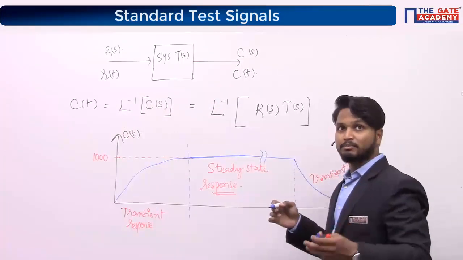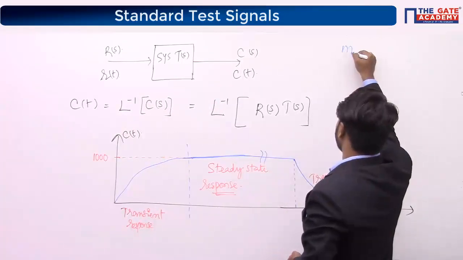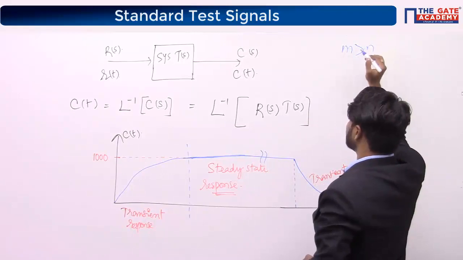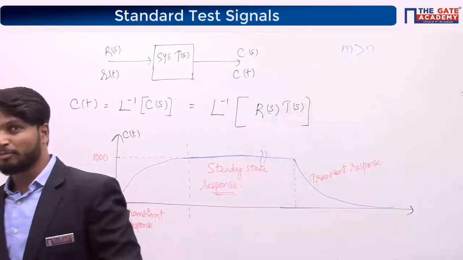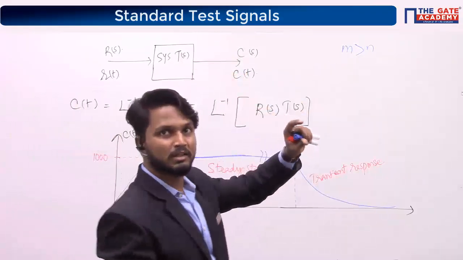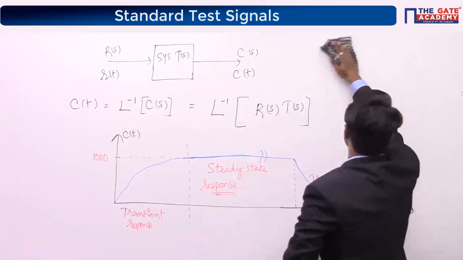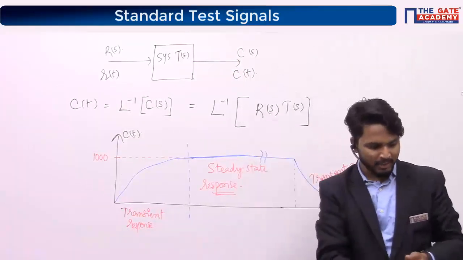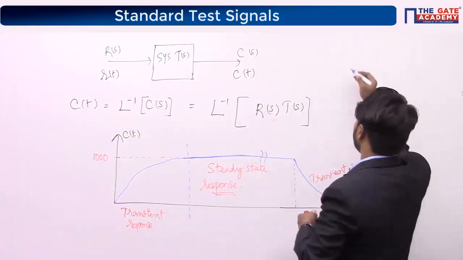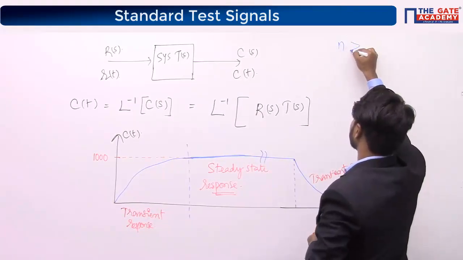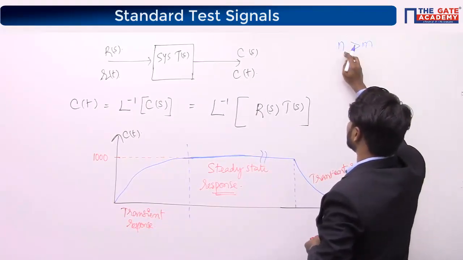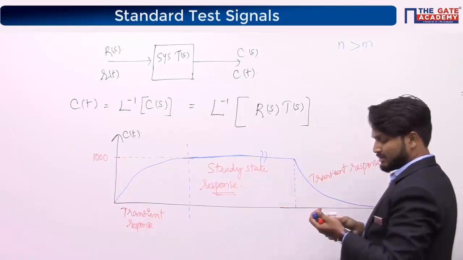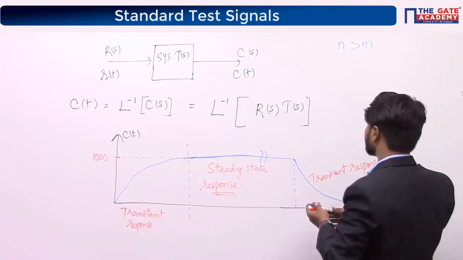There is a correction, please note it down. Did I write m greater than n or n greater than m? Please correct it, that was a mistake, I'm sorry. It should be n greater than m for the system to be strictly proper.